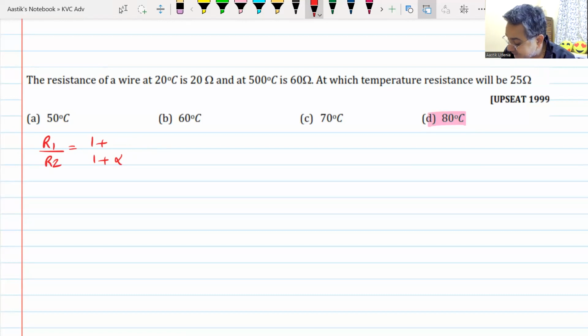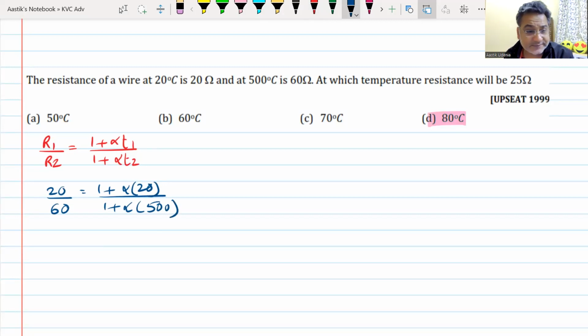Alpha is the same, so I put it once. 20 divided by 60 is equal to 1 plus alpha into 20 degrees Celsius divided by 1 plus alpha into 500 degrees Celsius.